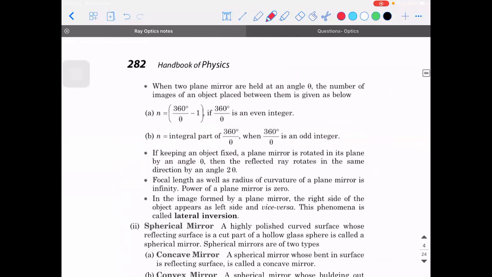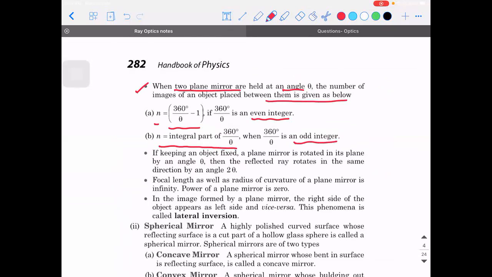Similarly, this is another important point. When you have two plane mirrors held at an angle theta, please make a note of this point. The number of images of an object placed between them is given as below. The number of images will be 360 degrees divided by theta, minus 1, if 360 by theta is an even integer, and n, the integral part of 360 by theta, if 360 by theta is an odd integer.